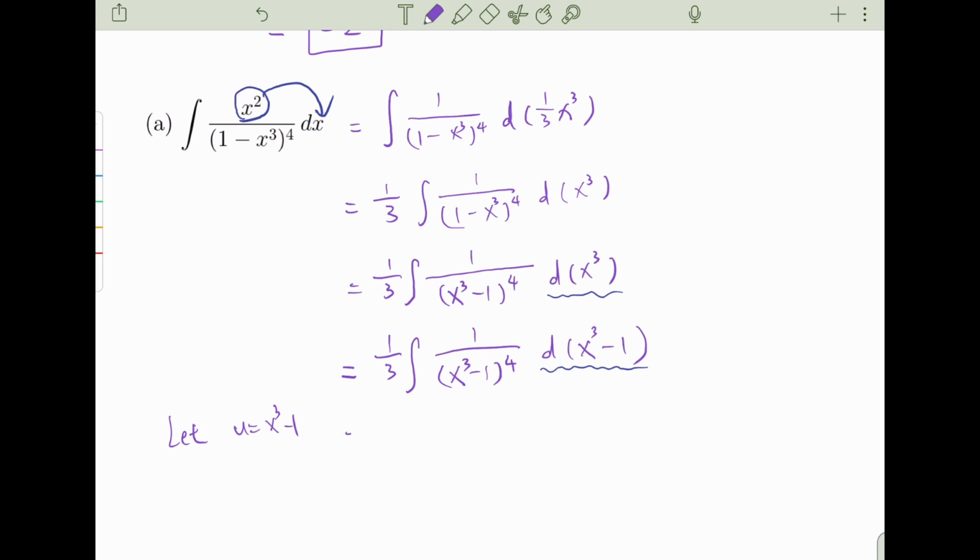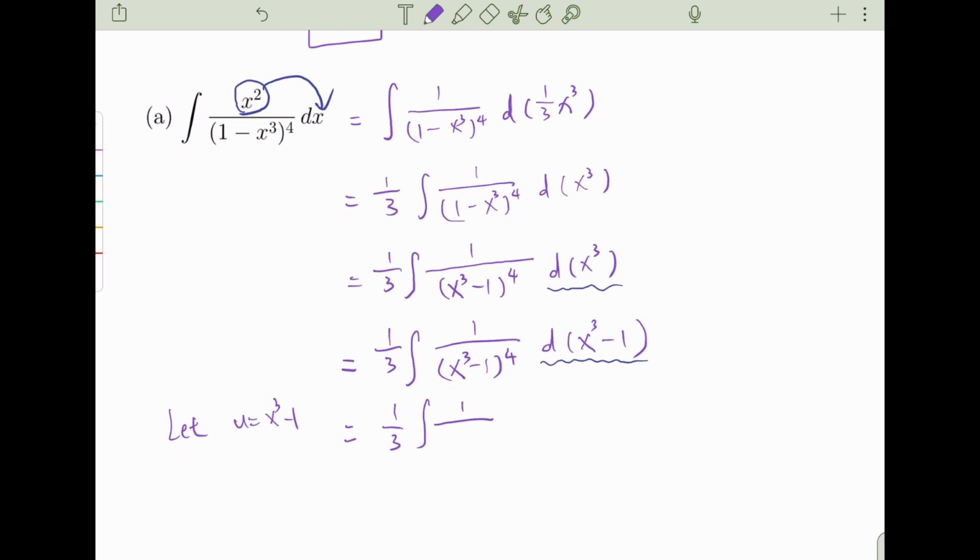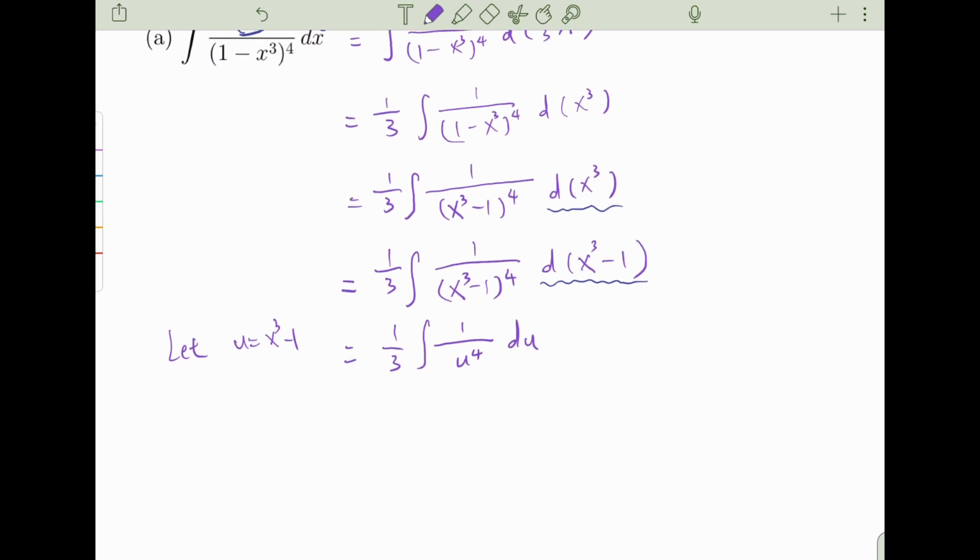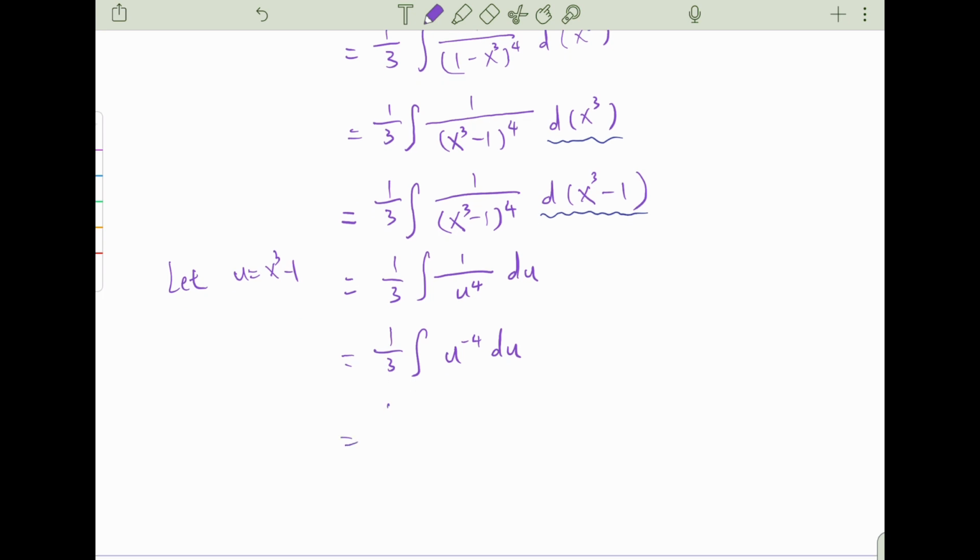So this is now equal to 1 over 3, 1 over u to the 4, right? This is du. And then moving on, this is u to the negative 4 du, right? And then we can just apply the formula.